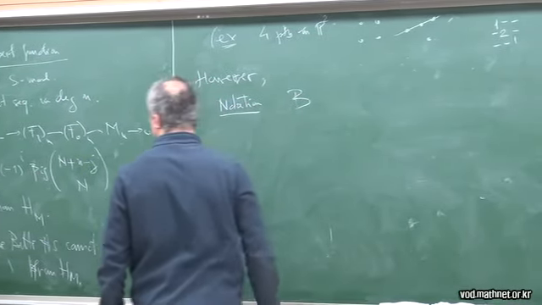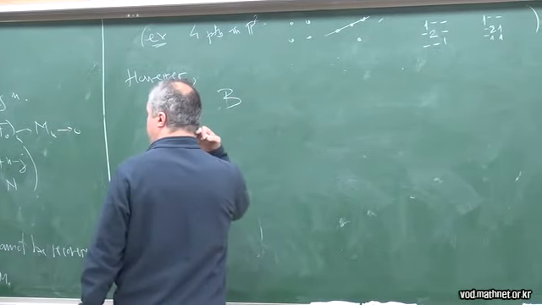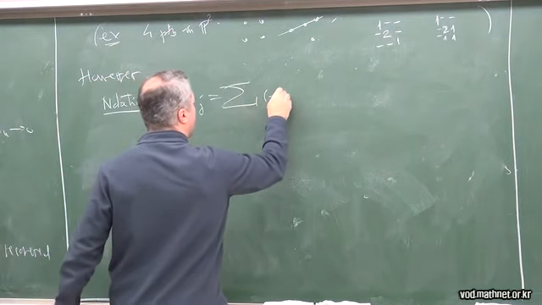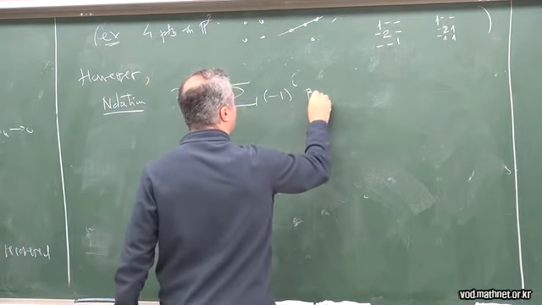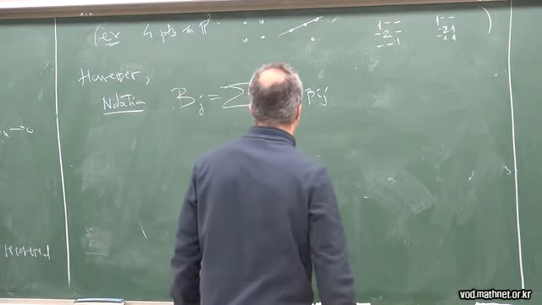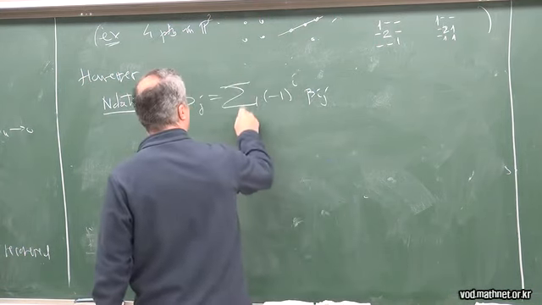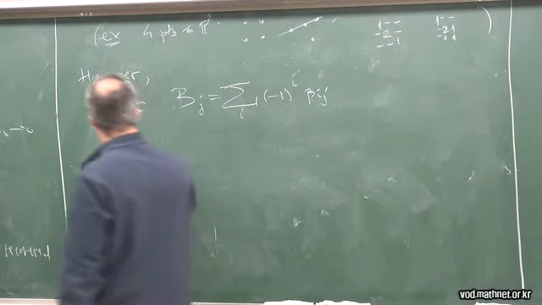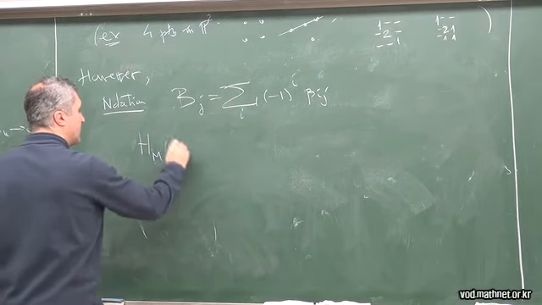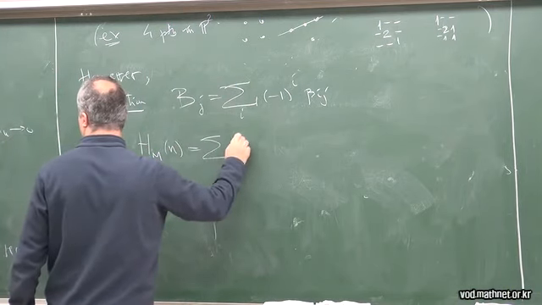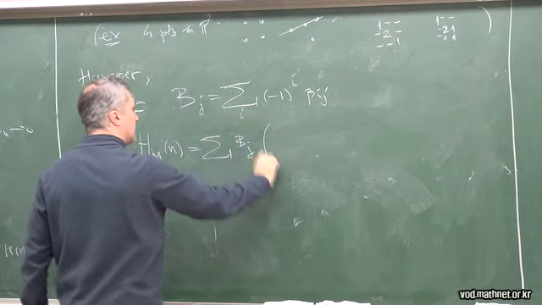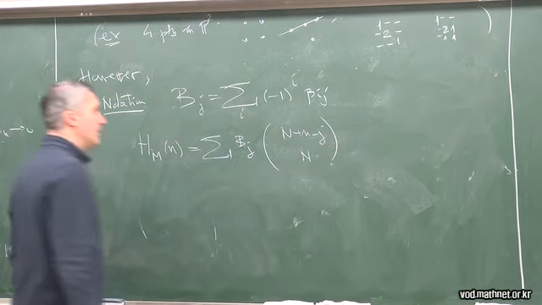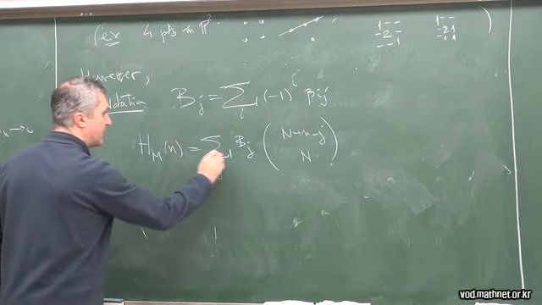Let's denote by capital B_j this alternating sum of minus 1 to the i, beta ij. That is the sum taken over i. With this notation, H_M of n becomes a sum over j of B_j times n plus n minus j choose n.